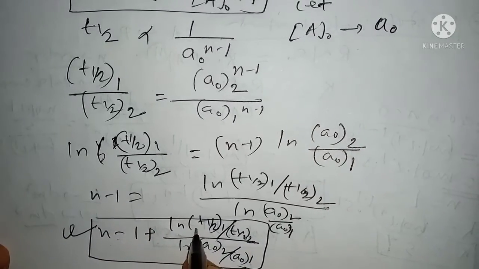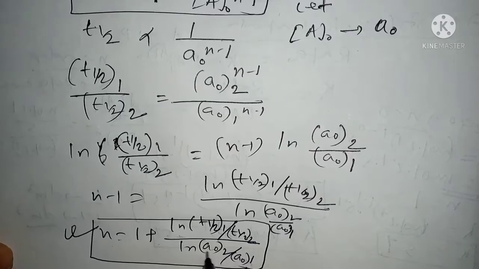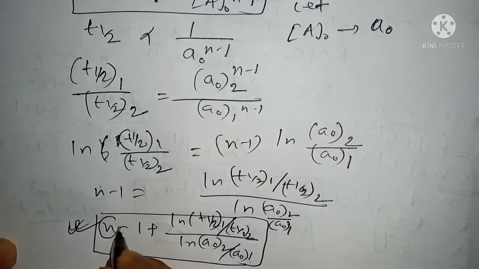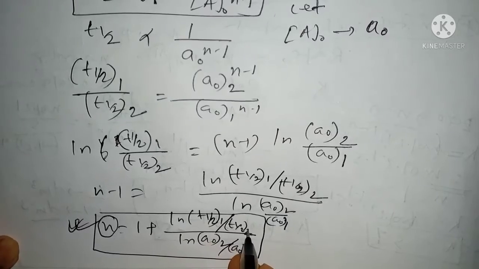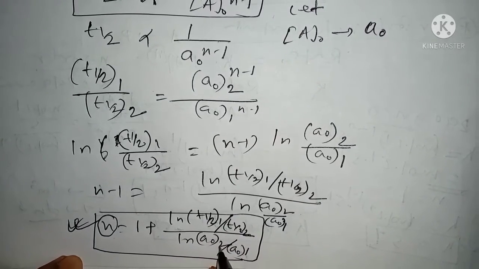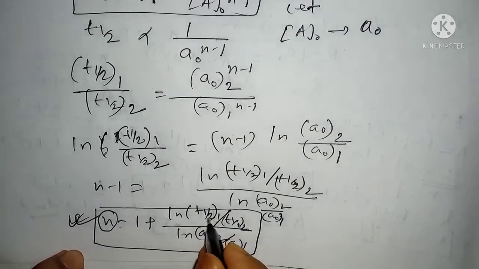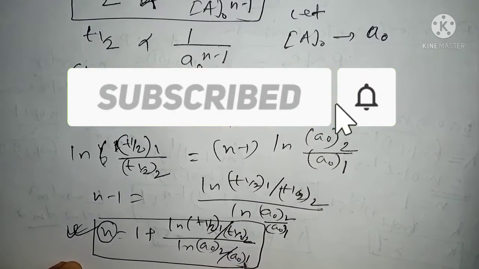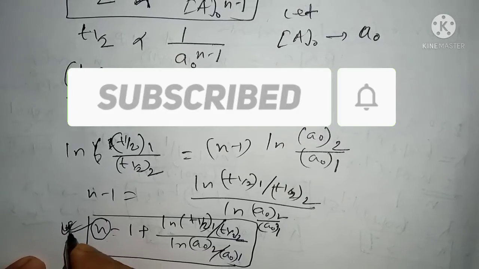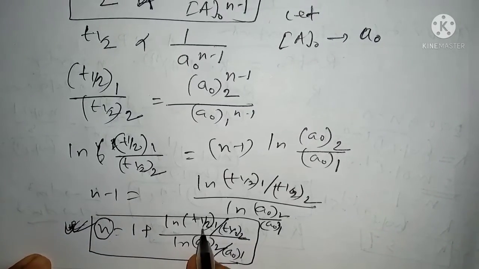If t half and a0 are given, then you can calculate the order. This is the order calculation if given the t half and a0 values.